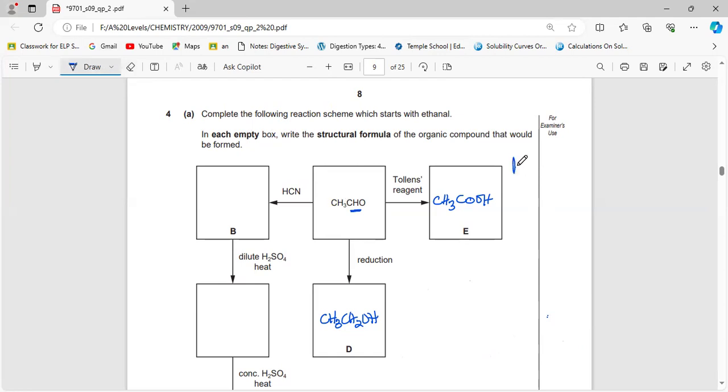When you are dealing with a halogenoalkane such as CH3CH2Br, in this case we have to react this with ethanolic KCN, where we have ethanol.